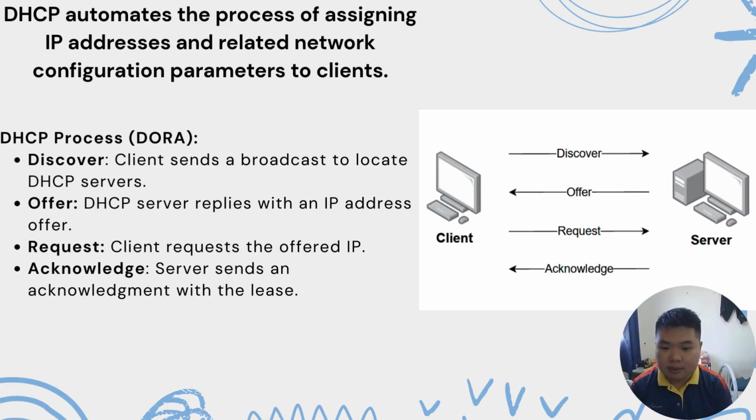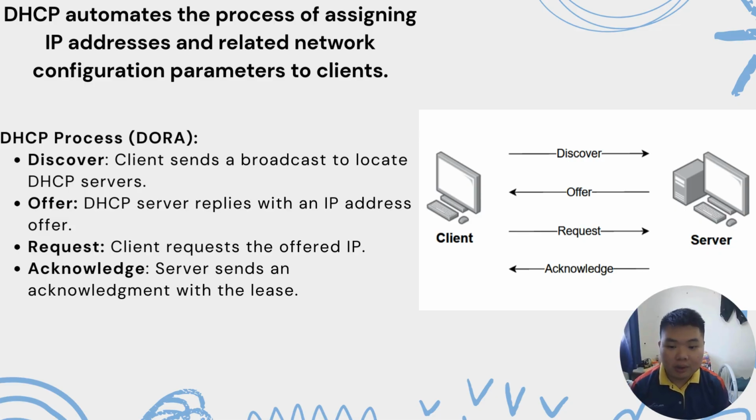So here is the answer for the previous question. DHCP automates the process of assigning IP addresses and related network configuration parameters to clients. The DHCP process is called DORA. D stands for discover, O for offer, R for request, A for acknowledge.